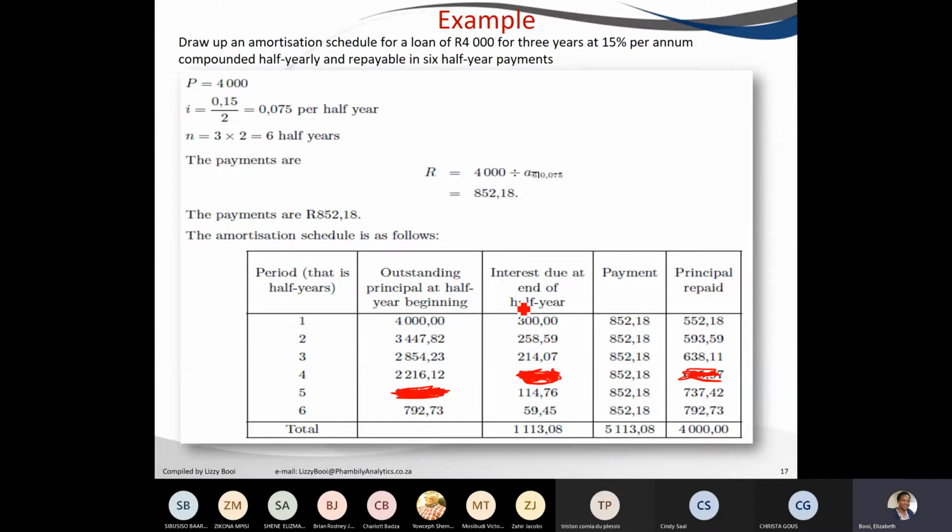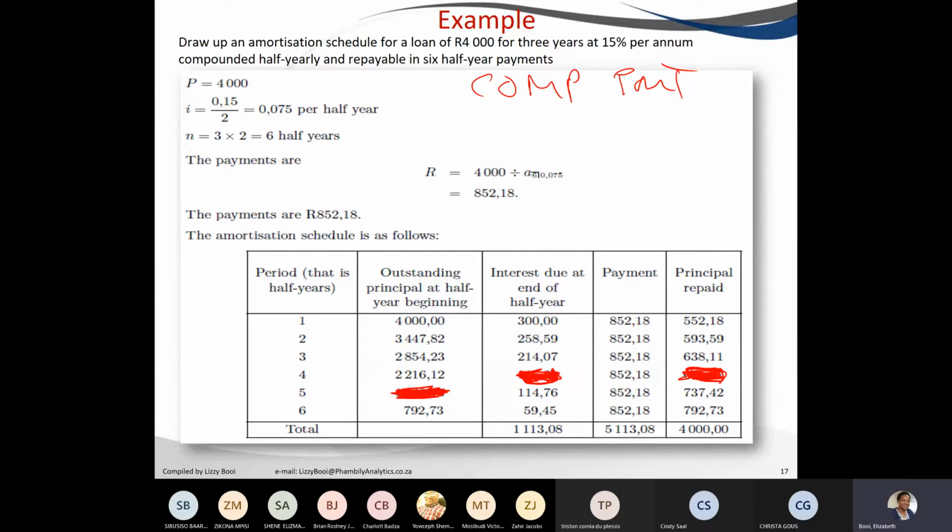Let's say now we are in the exam, you just calculated your payment. I want you to go on and off your calculator. You go on and off your calculator, and then you go back and press comp and press PMT, then the 852 appears on your screen.